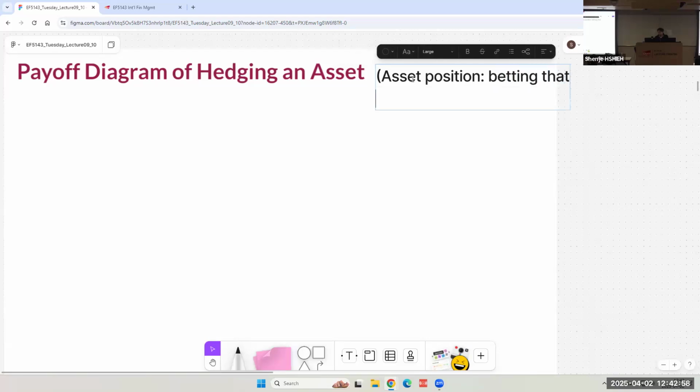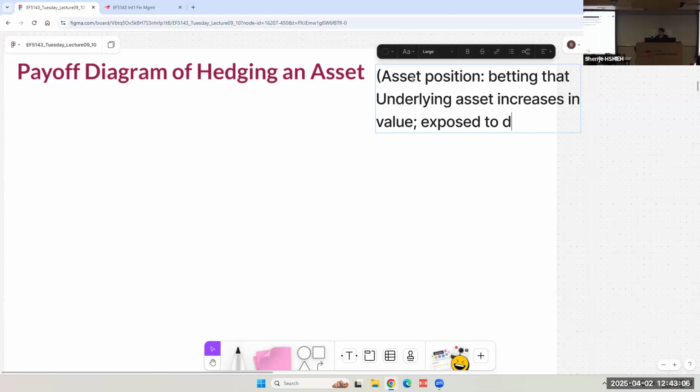Betting that the underlying asset increases in value, exposed to downside, exposed to a decrease. A decrease in asset value, a decrease in price hurts, decreases asset value.